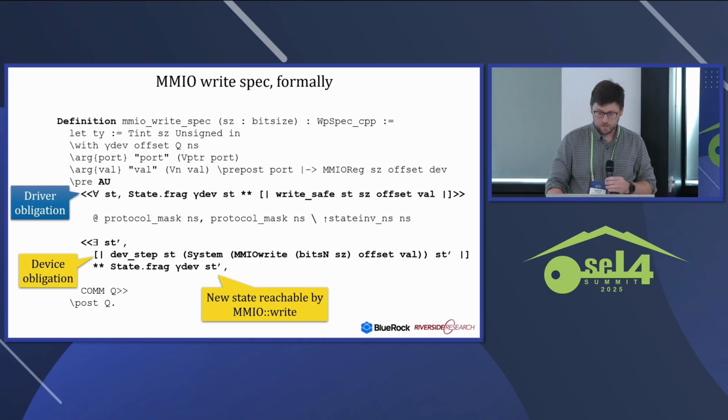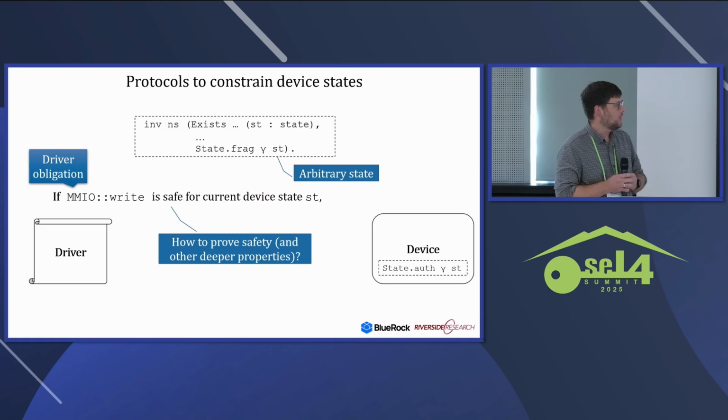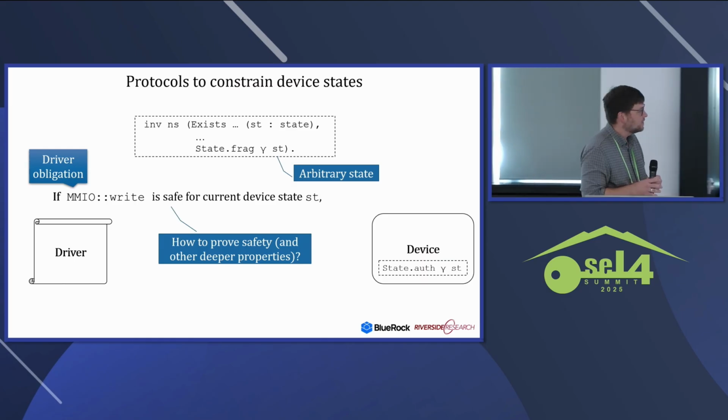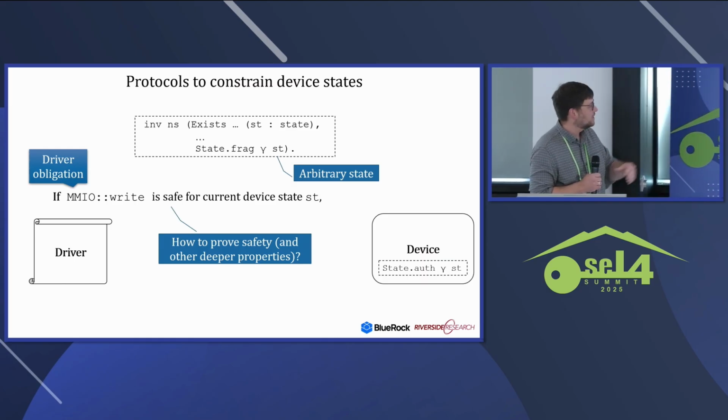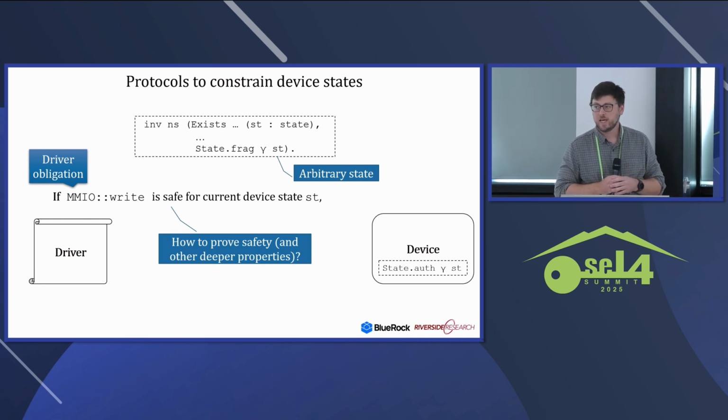Okay, so that's MMIO, and we talked about how we embedded devices into our program logic, and then we're able to specify MMIO as a result. But now we need some way, so previously we said, okay, the driver needs to show that this MMIO is actually safe for the current device state, but our invariant had a completely arbitrarily existentially quantified state.